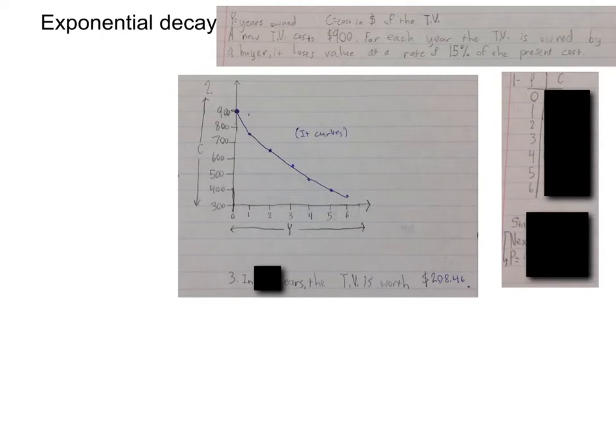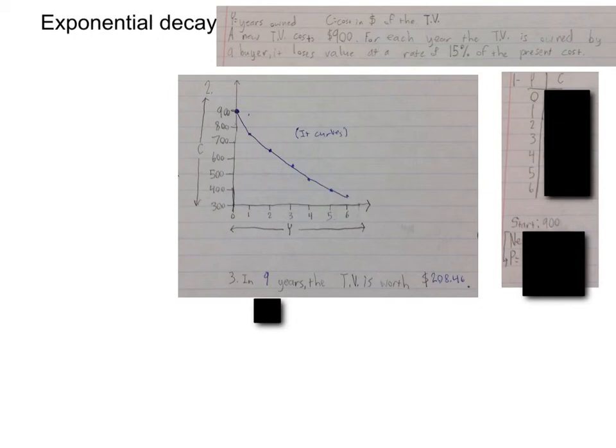So quick prediction using that: in 9 years, the TV will be worth $208.46. Just using that continuous exponential equation. So then we have over here, probably should have done this first, but the start is 900 because that's the initial value of the TV.